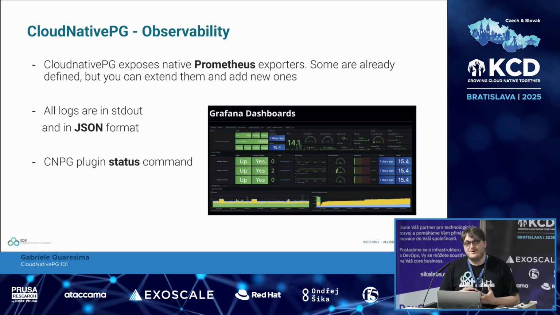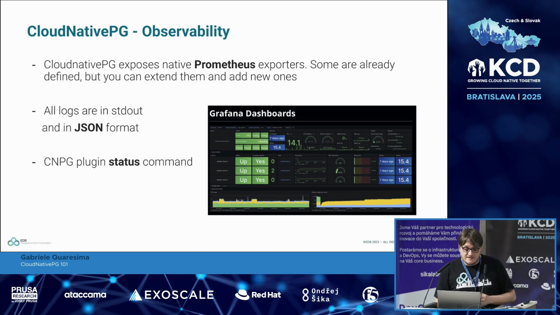Another important topic is observability. Yesterday, I think I saw 2 different talks about observability. All the logs are in JSON format. We offer metrics, Prometheus exporters, and then you can attach a Grafana dashboard, but you can also extend those metrics and define your own metrics.